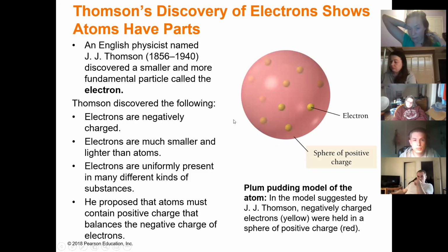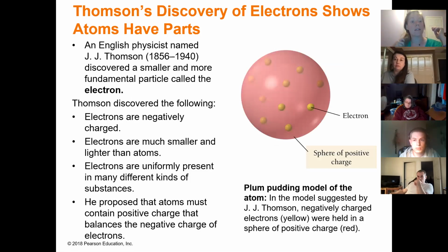Let's jump ahead 40, 50 years. This physicist, J.J. Thomson, discovered the first subatomic particle. So we have atomic particles, which are atom size, and then we have subatomic, which are smaller than the atom. He started to break up the atom into something even smaller, which initially was an electron.